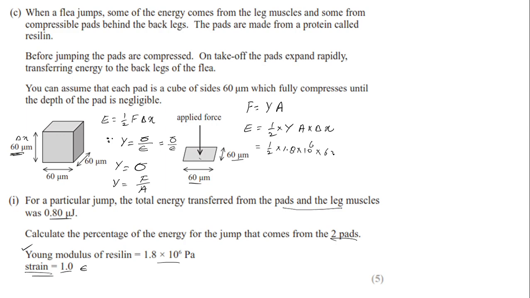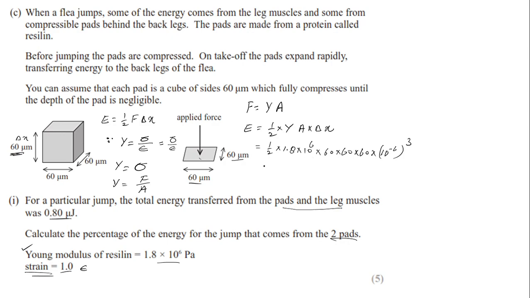So 60 into 60, and delta X is also 60, so 60 into 60 into 60, and micro cubed, or 10 to the power minus 6, minus 6 minus 6, minus 18, so whole cube. You can do that, it's your choice. Now use your calculator and find the energy.